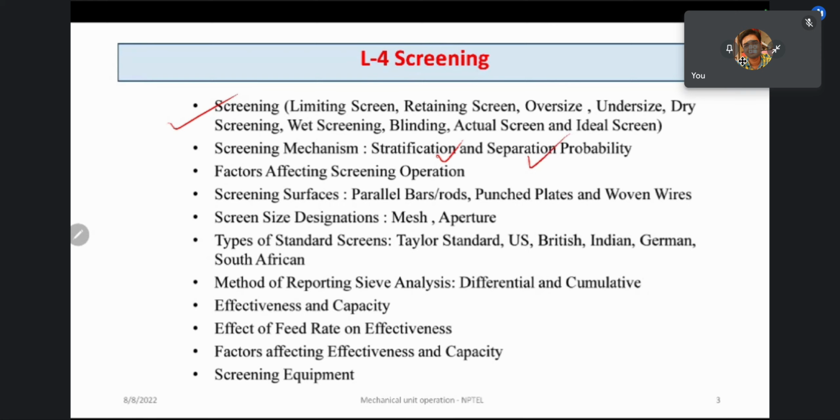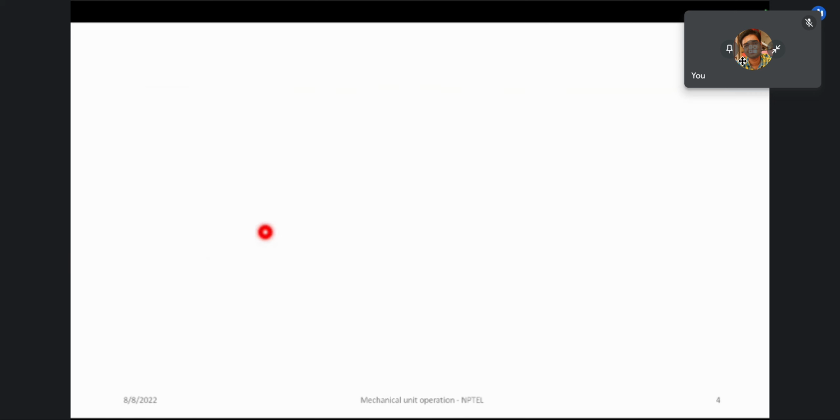Then what are the factors affecting this screening operation? Then which different surfaces are there, like this punch screen. It's not exactly like that, but I just want to give you a brief intro.